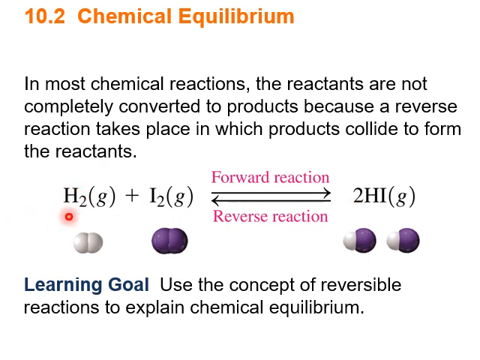So while the reaction is proceeding forward, in this case hydrogen and iodine gas making hydrogen iodide, molecules are also, at the same time, once they're formed, breaking down to hydrogen and iodine. Not all reactions are reversible, but some are, and this is an example of one that is. The balance of these two processes is called chemical equilibrium.